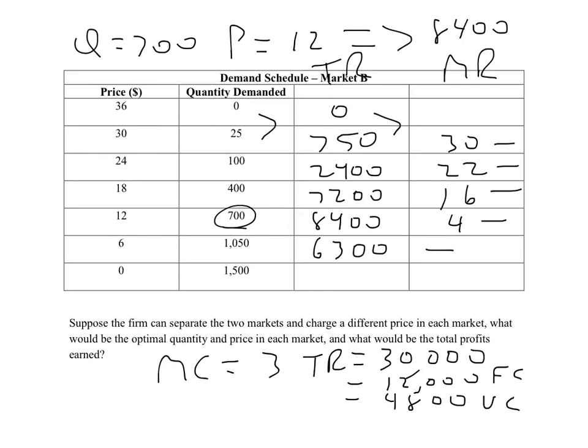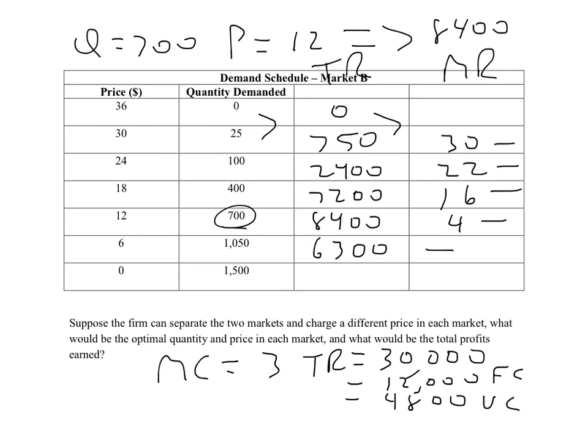And so, to get profit, we subtract out the variable costs, the fixed costs, and let me just check my work one more time. Don't want to get this wrong. 30,000 minus $12,000 in fixed minus 4,800.